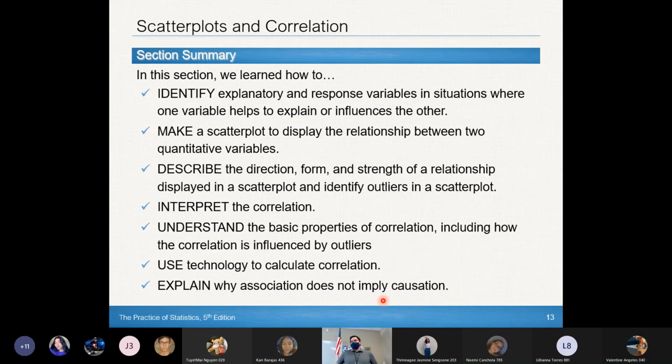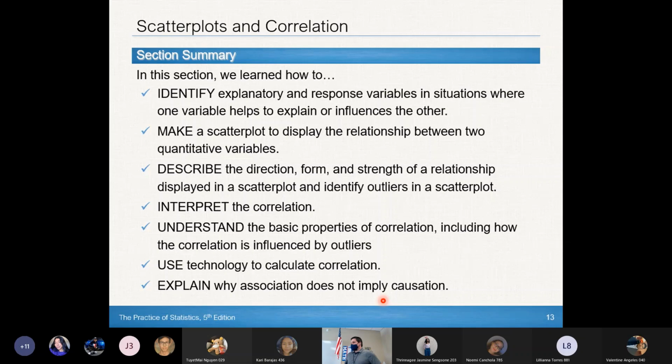Typically, more popsicles are sold when more people are at the beach where they're selling popsicles. More people at the beach could lead to more shark attacks. However, even though there is an association between more popsicle sales and more shark attacks, selling popsicles does not cause more shark attacks.